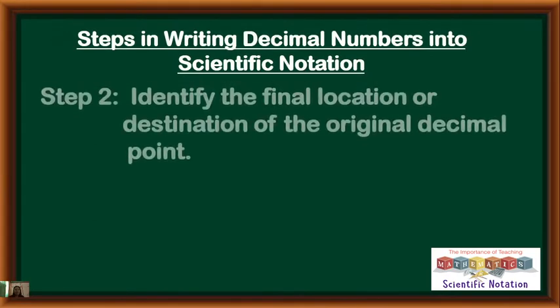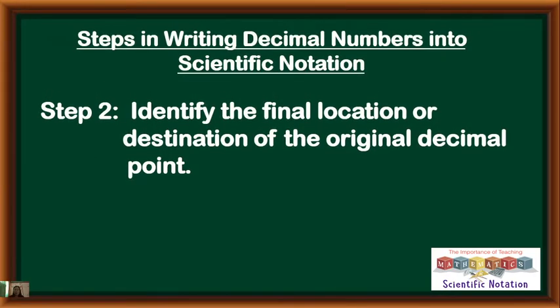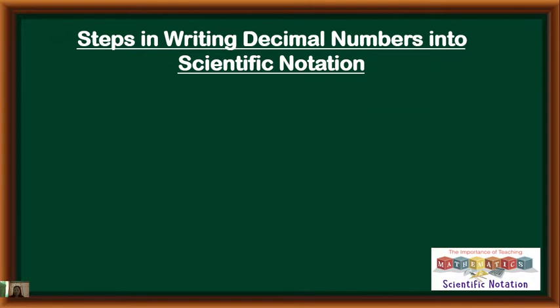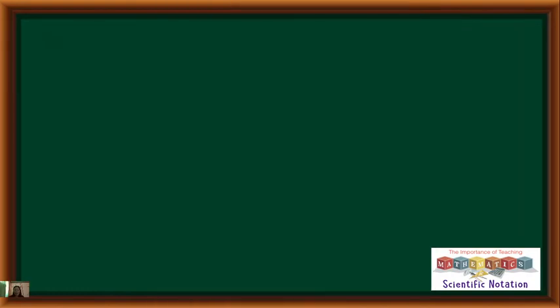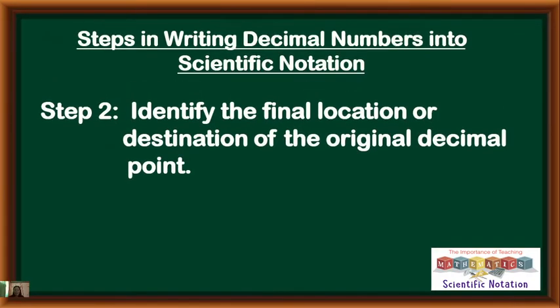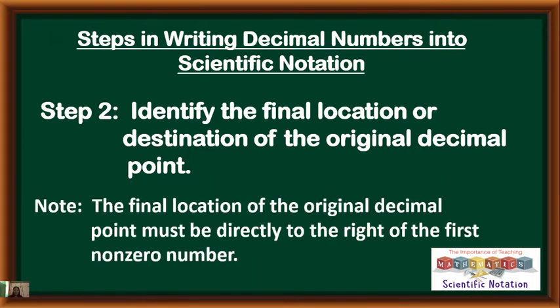And for number 2, identify the final location or destination of the original decimal point. So step number 1 is the initial location, and for step number 2, you identify the final location.